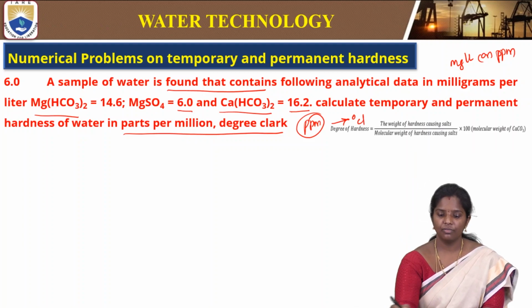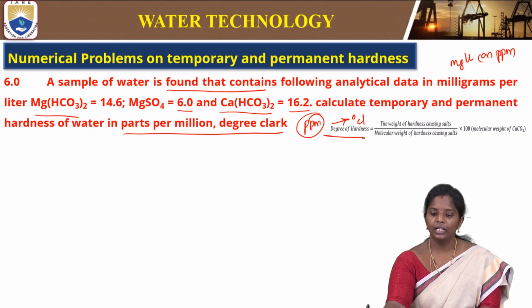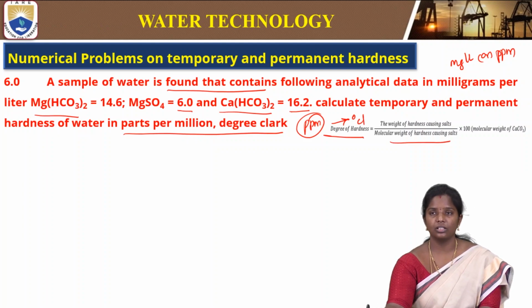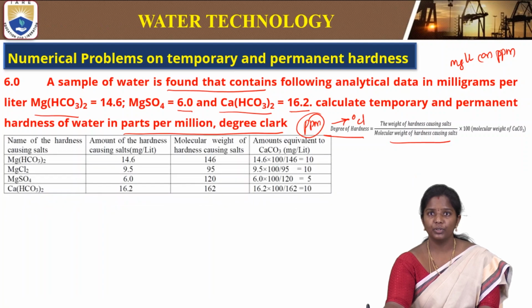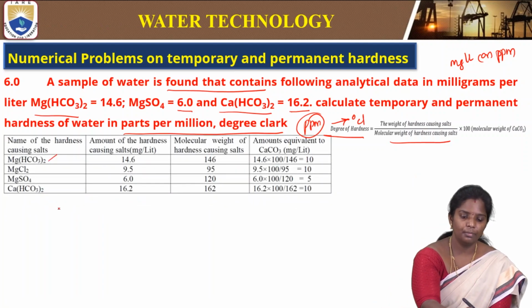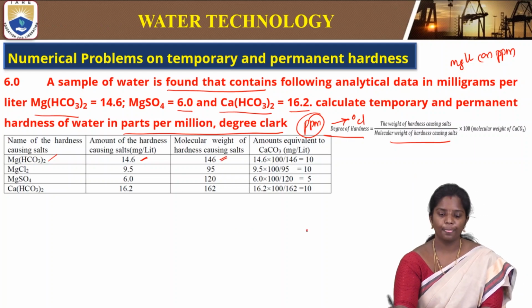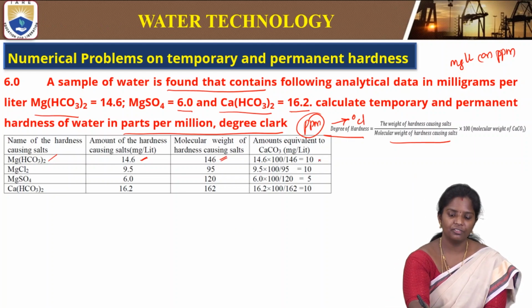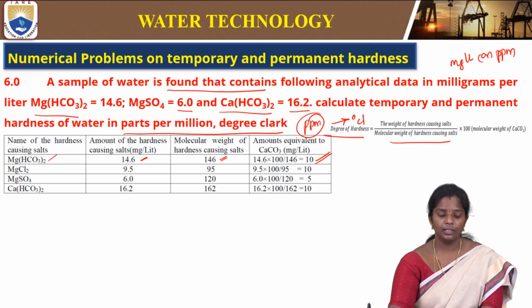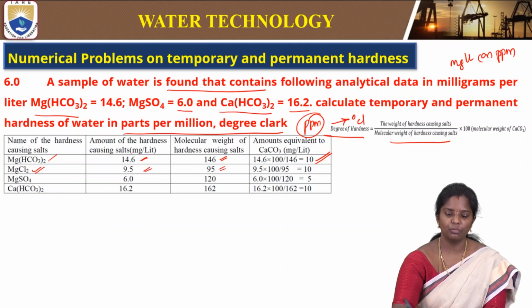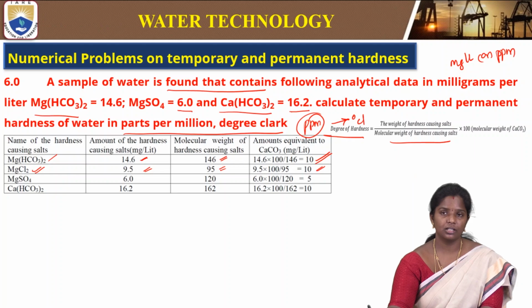Now we will be using this formula. Degree of hardness is equal to the weight of the hardness causing salt by molecular weight of the hardness causing salt into 100, and put it in a table. Magnesium bicarbonate is 14.6 and its molecular weight is 146. So 14.6 into 100 by 146 we get 10. In a similar way for the magnesium chloride, it is 9.5. 95 is the molecular weight, and 9.5 into 100 by 95 we get 10.